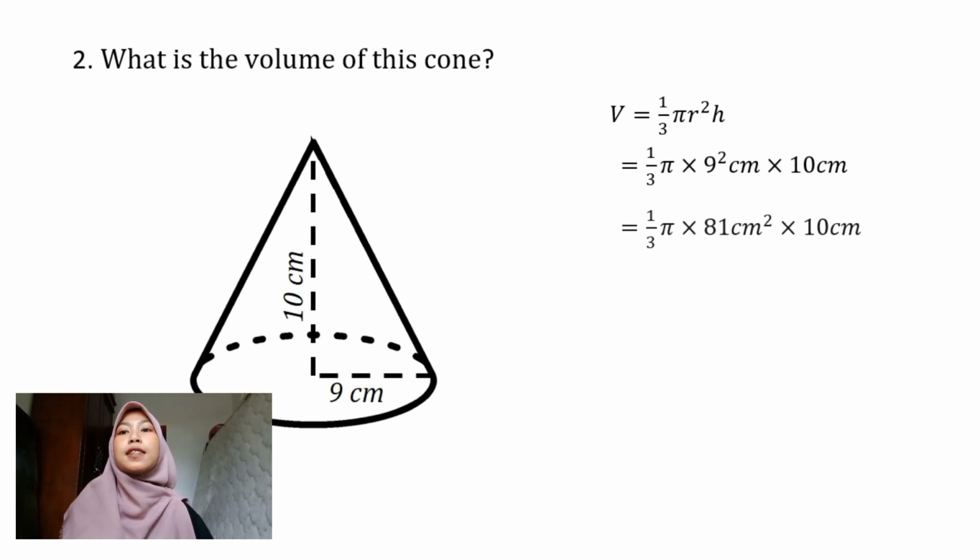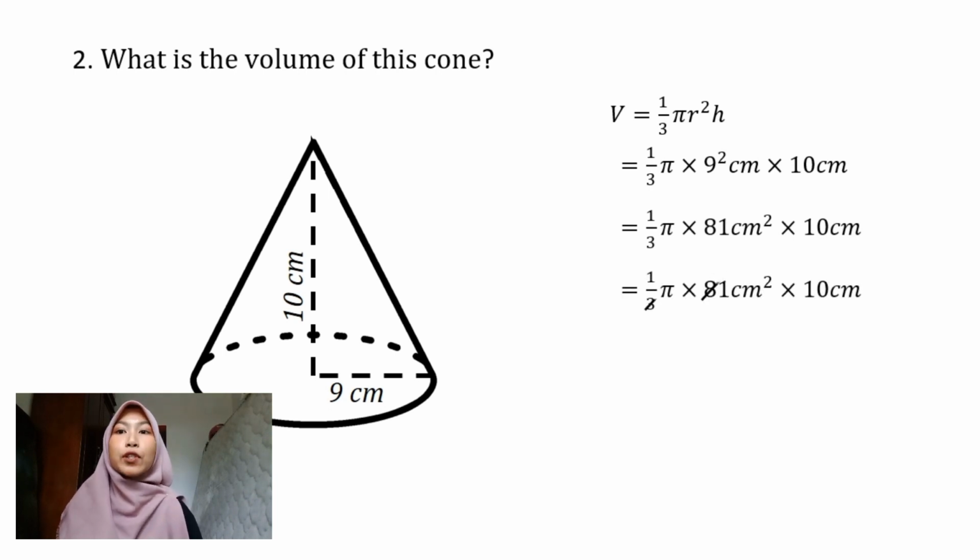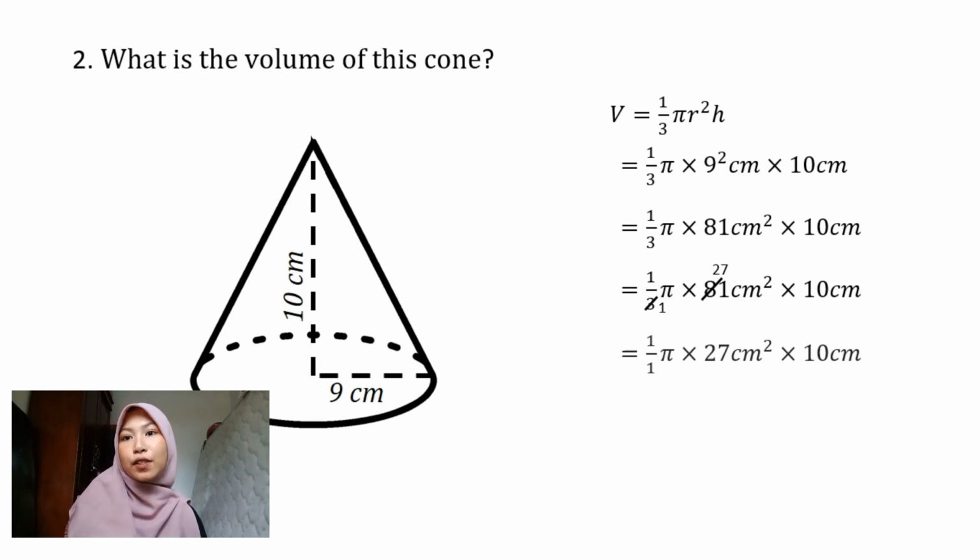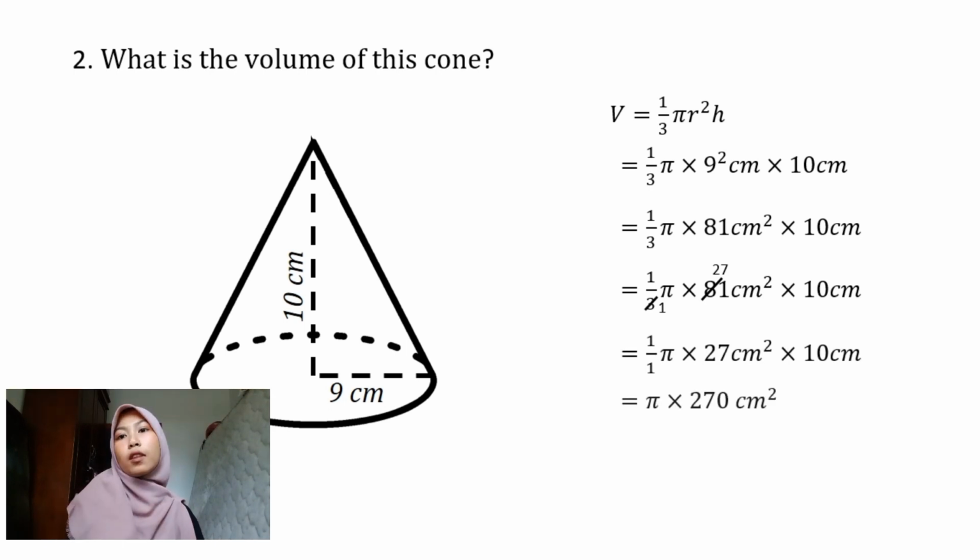So it's 81 centimeters squared times 10 centimeters. And then next, we know that 81 and 3 cross cancel to 27 and 1. So then we get 1 times pi times 27 centimeters squared times 10 centimeters. And then we get pi times 270 centimeters squared.